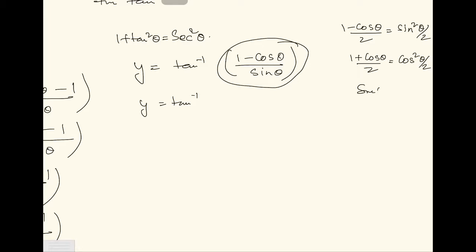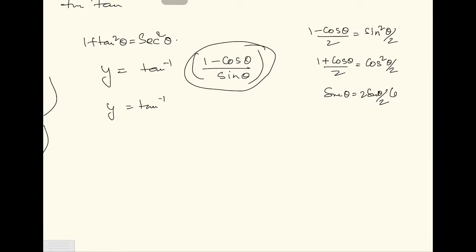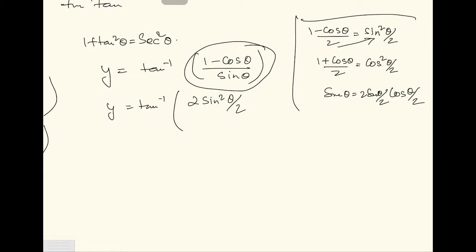And sine theta is 2 sine theta by 2 cos theta by 2. These are the half angle formulas. I've given you 3 here for reference. So I can write it as 2 sine square theta by 2, because this 2 goes here, divided by 2 sine theta by 2 cos theta by 2.